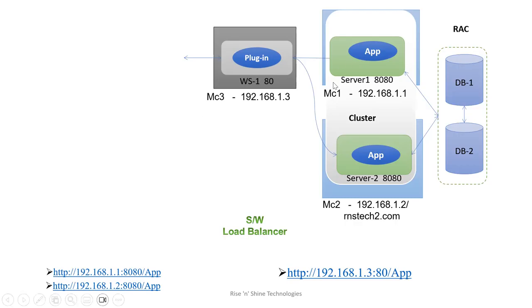Now we have two app servers, multiple database instances with the cluster concept, and a proxy service mechanism, that is a software load balancer. Can we say this is high availability?